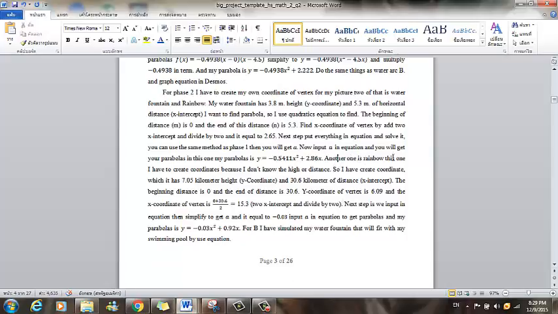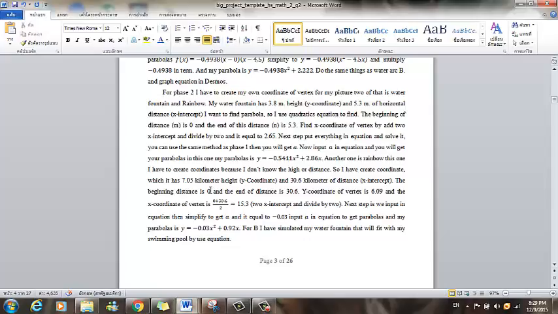Another one is the rainbow. For this one I have to create my own coordinate because I don't know the height and the distance. So I created the coordinate, which is 7.05 kilometer height and 30.6 kilometer for the distance.